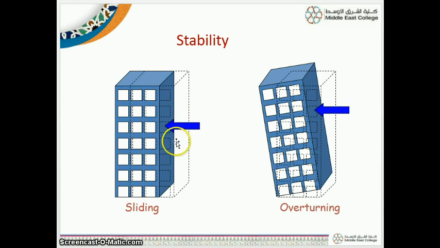If it moves from the original position to another position in the same plane, this is called sliding. Overturning: it stands on this corner and it rotates, it overturns. Withstanding these forces is called stability.